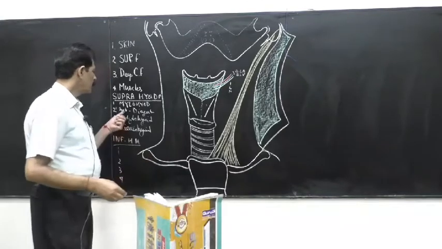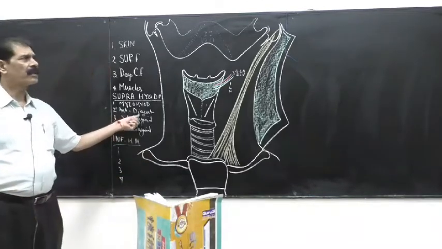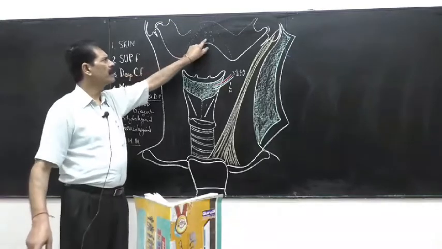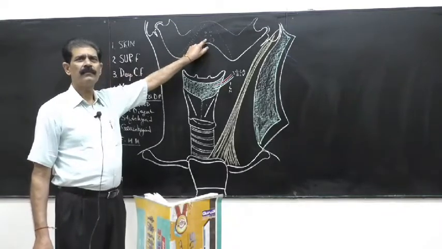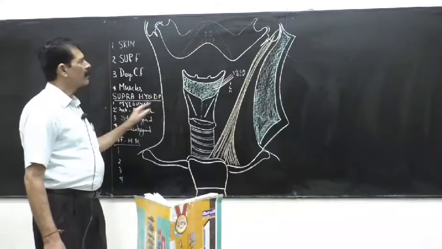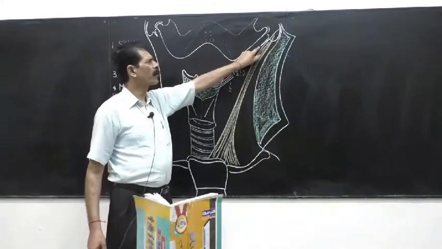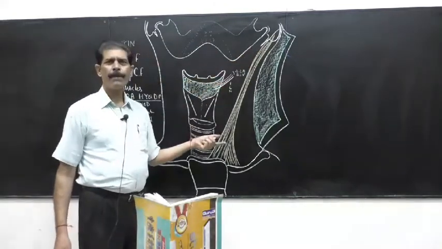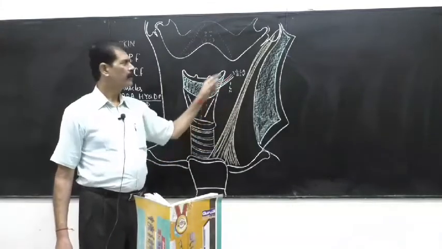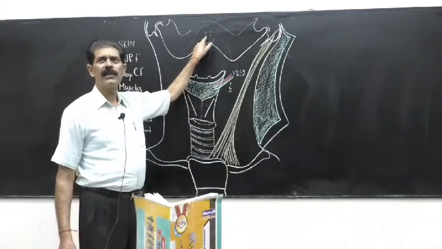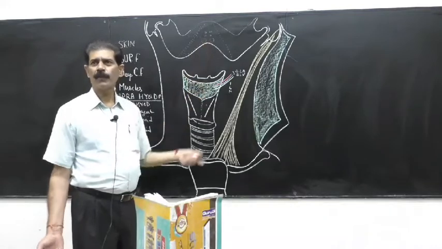And digastric, it will take origin from the digastric fossa. Stylohyoid, it will take origin from the styloid process and is inserted on the hyoid bone. Geniohyoid, it will take origin from the inferior genial tubercle and it will be inserted on the hyoid bone.